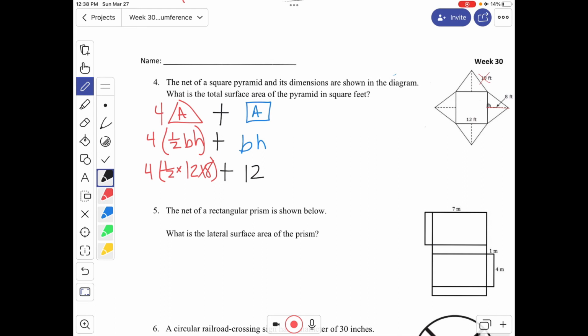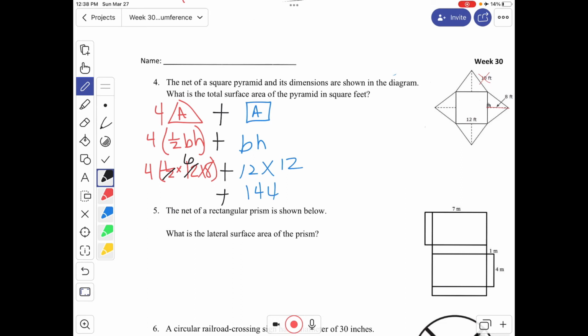Plus the base of the square is 12, and since it's a square, that means all the sides are 12, so 12 times 12. Well, 12 times 12 is 144. Plus the other side, and we can cancel 1/2. We can cancel the 2 and maybe the 12.